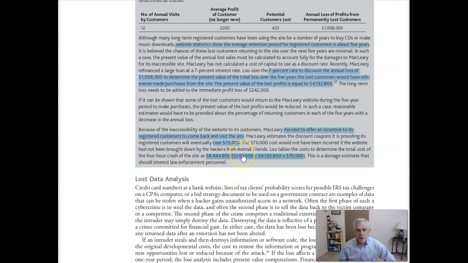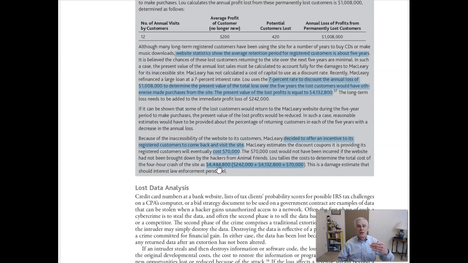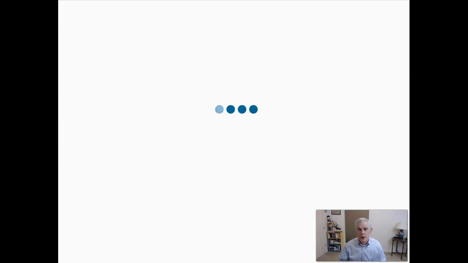The immediate loss, the long-term loss over 5 years, and $70,000 of coupons that reduced the profit that we're throwing in here also. So $4.4 million, more than that. So you can see again how detailed these computations can get.